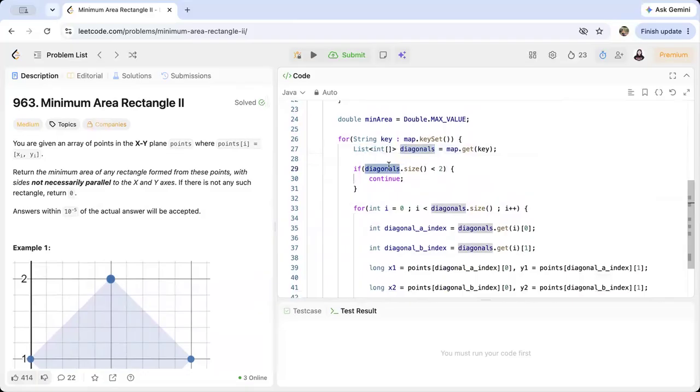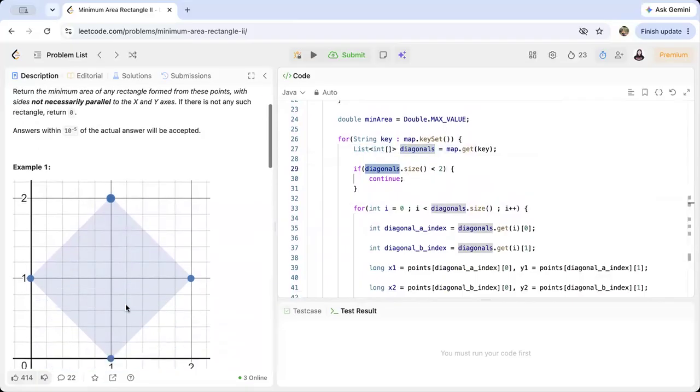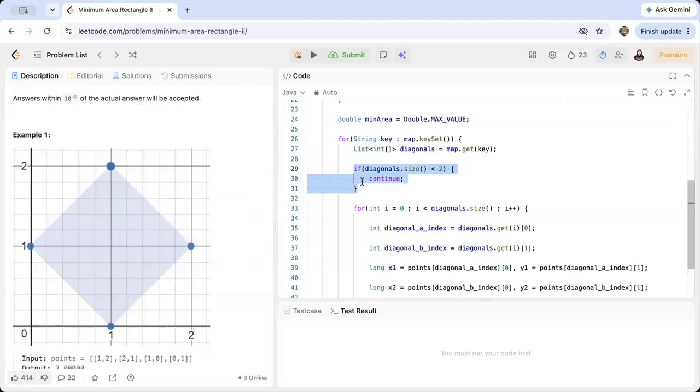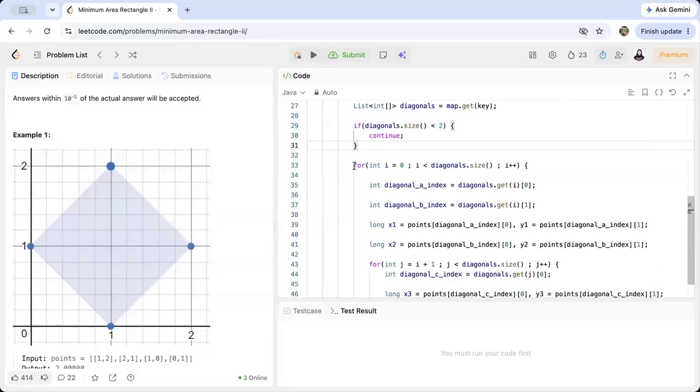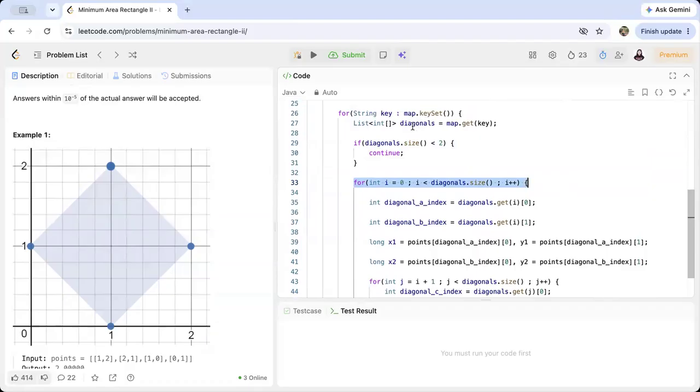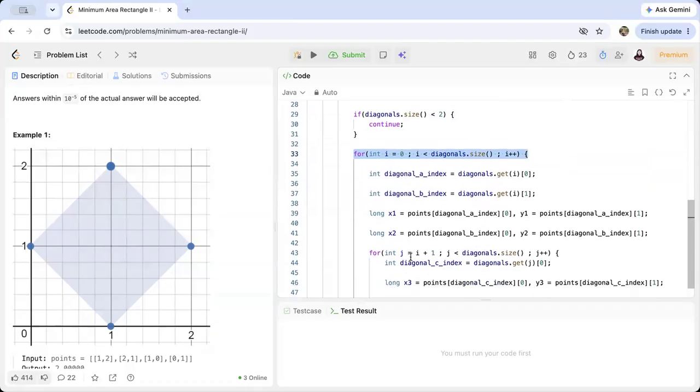Now if my diagonal size is less than or equal to 2, it means for that particular midpoint and distance, there was exactly 1 pair of points. So it doesn't make sense. We can't compute a rectangle there. So hence we continue.